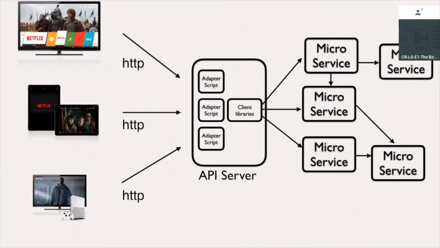And this adapter script is part of this world. The UI teams write those scripts to access the backend services and to tailor the data that they need specifically for their device. So the UI teams can write and deploy these scripts, get all the data, and get it specifically tailored for their needs.